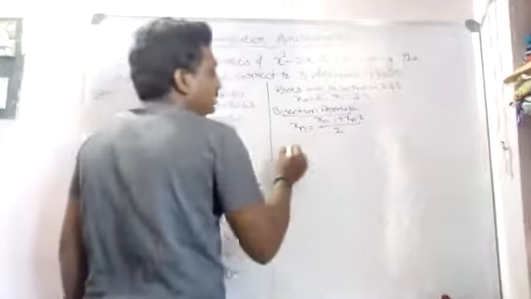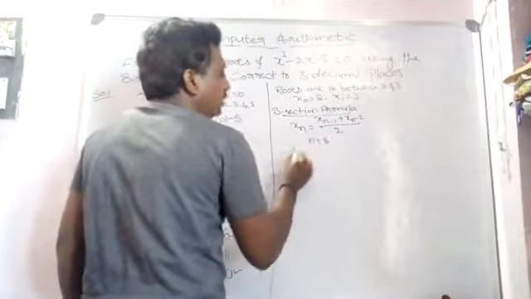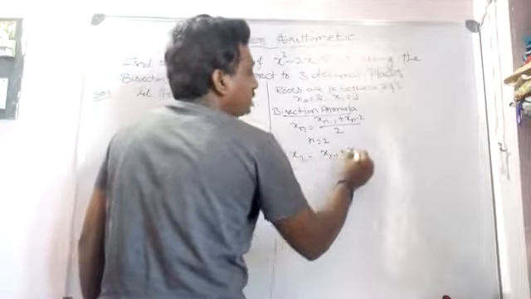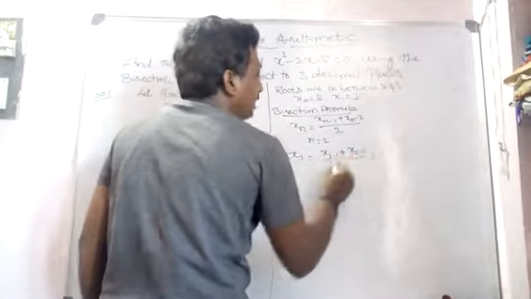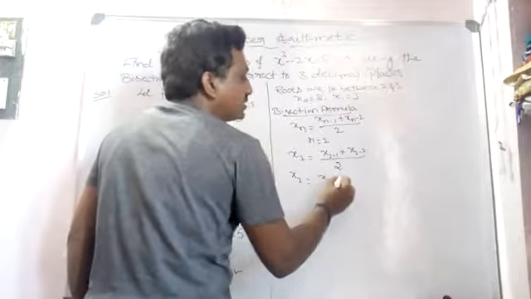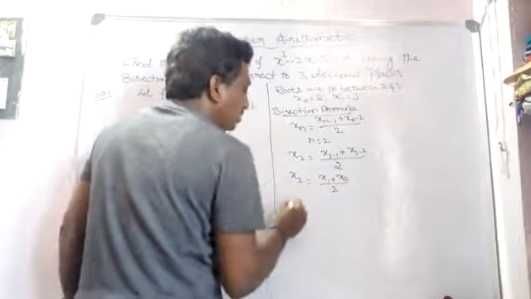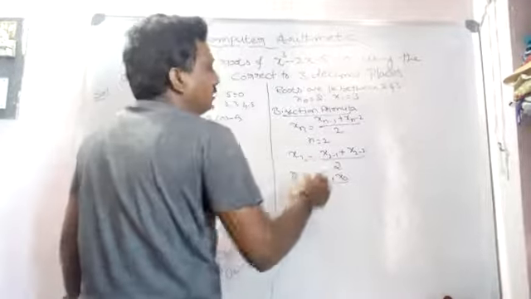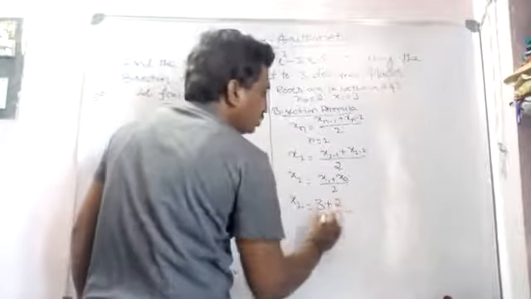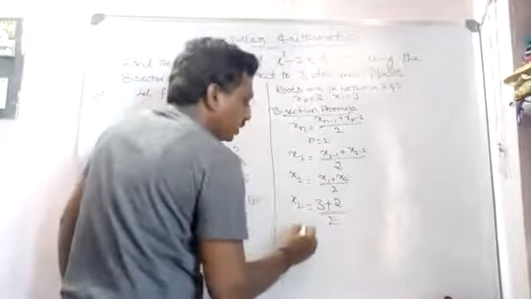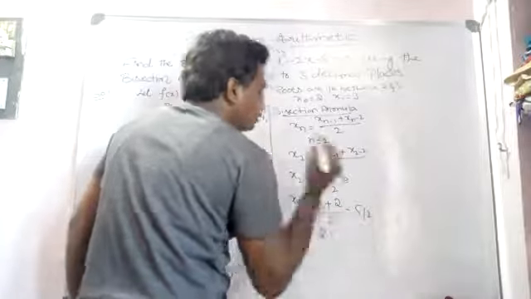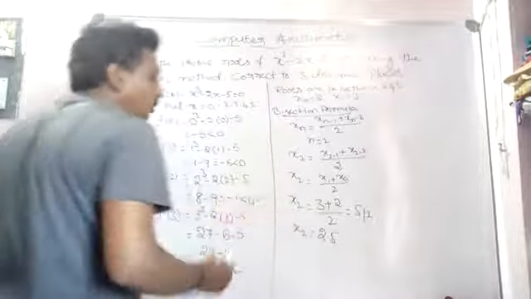So in the n place you substitute 2: x2 equals x1 plus x naught by 2. x1 is 3, plus x naught is 2, divided by 2. x2 equals 5 by 2, this is 2.5. This is the x2 value.